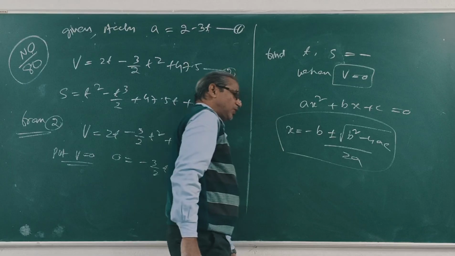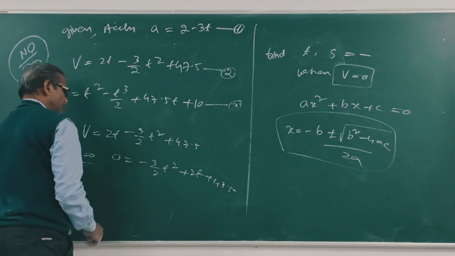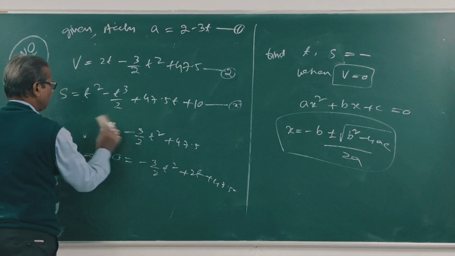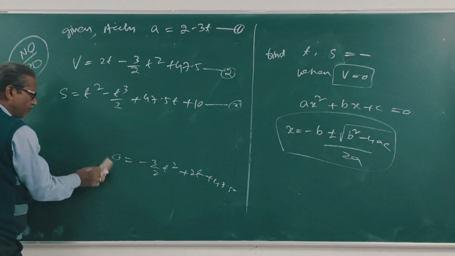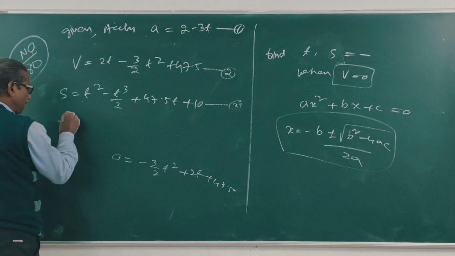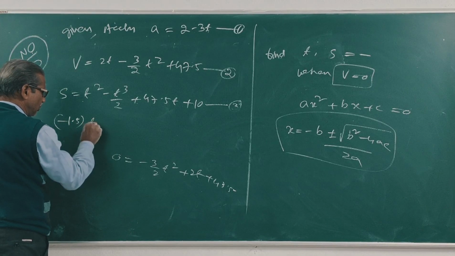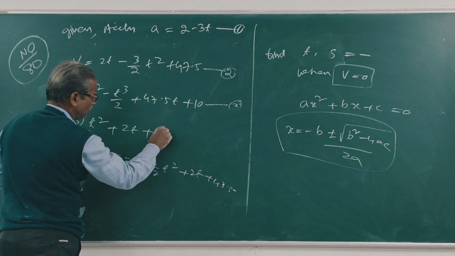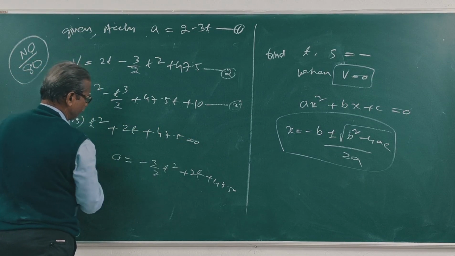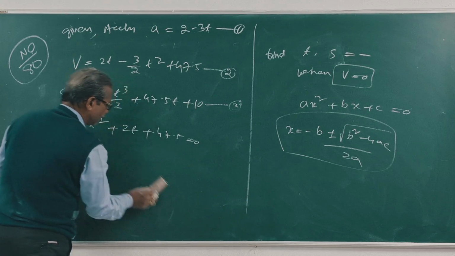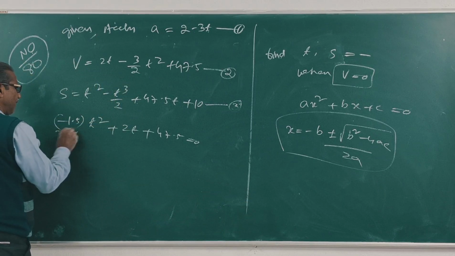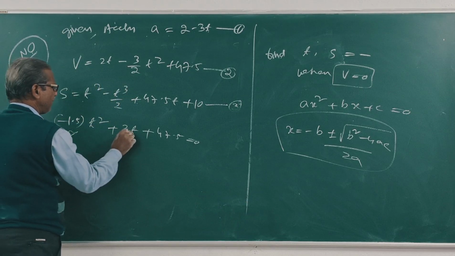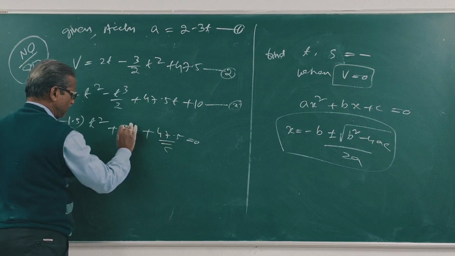So put here x square: minus 1.5 t square plus 2t plus 47.5. Clear? This is a, this is b, this is c.